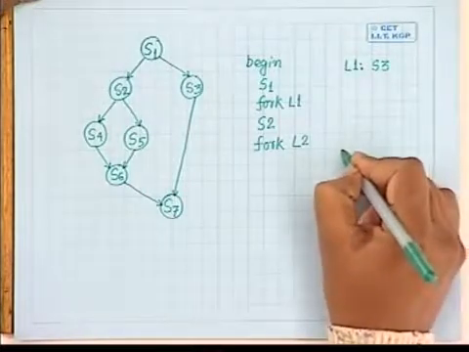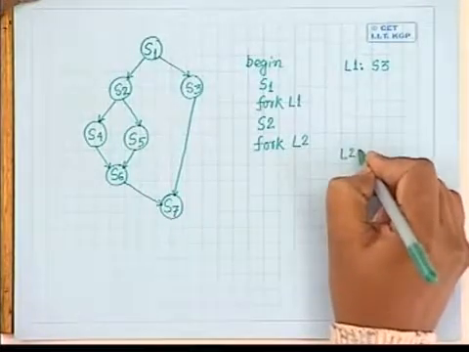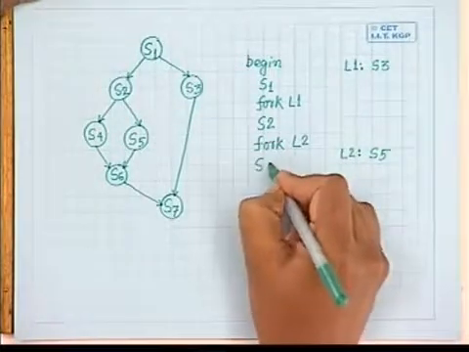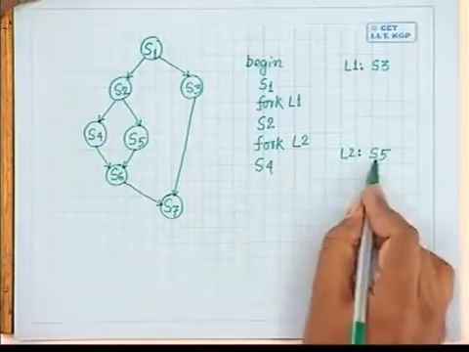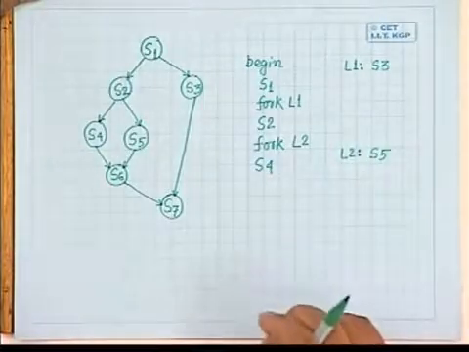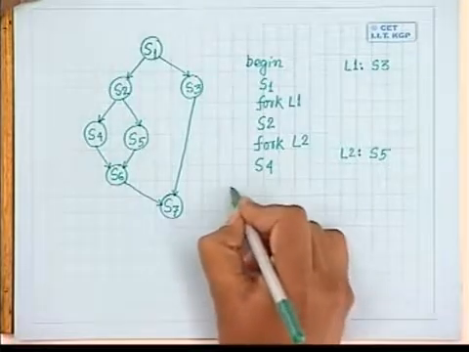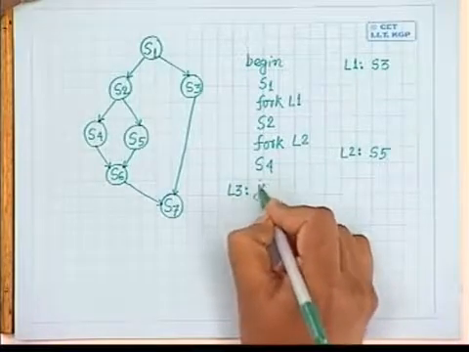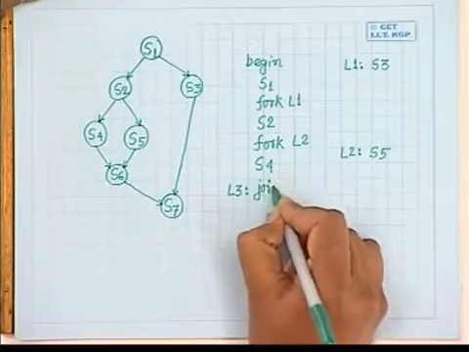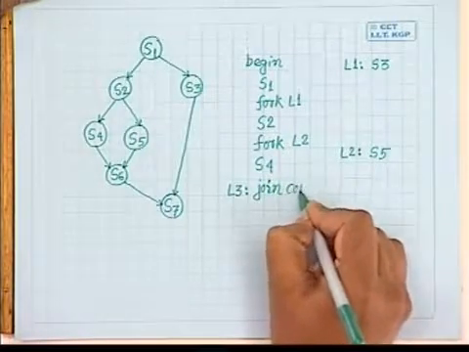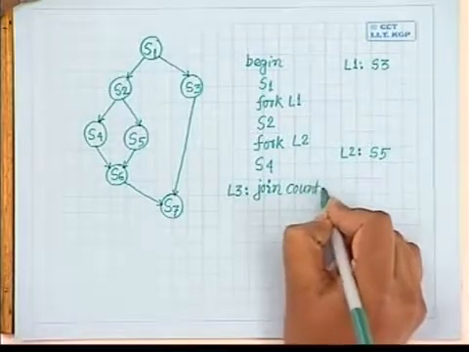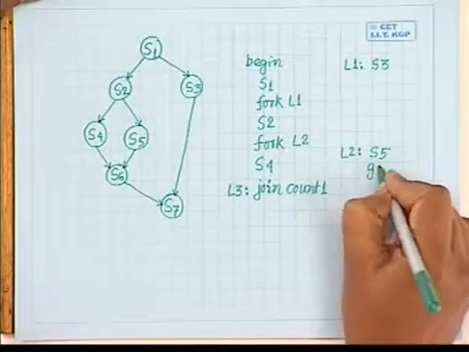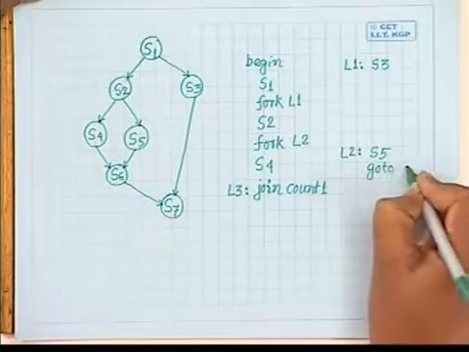At L2 I'll have statement S5. Here I have S4. Now after completion of S4 and S5, two processes are to be joined. So I'll have label L3. At L3 I put join count 1. And after S5 I put go to L3.